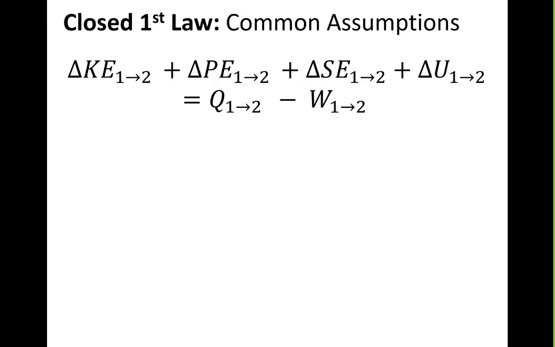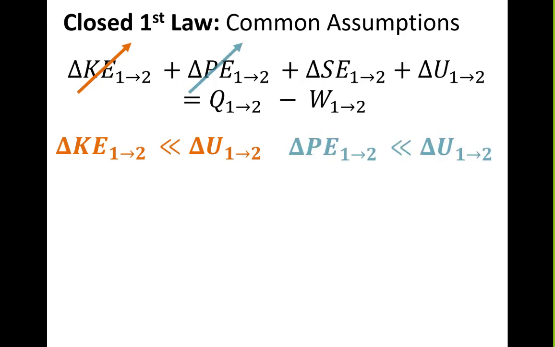So some common assumptions we'll use in this class is we'll say things like, oh, the kinetic energy here is much smaller than delta U. So if I took delta KE divided by delta U, maybe it would be less than 1%. So kind of who cares, right? It doesn't really impact the problem that much.